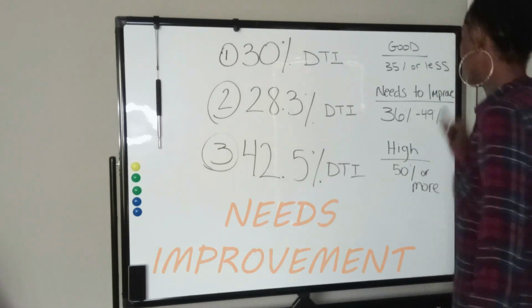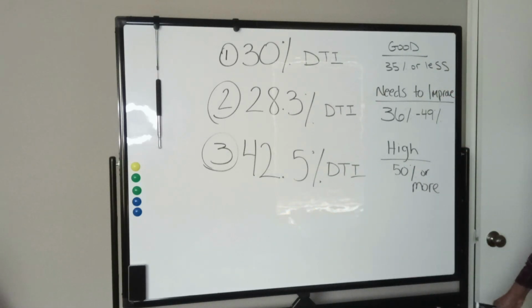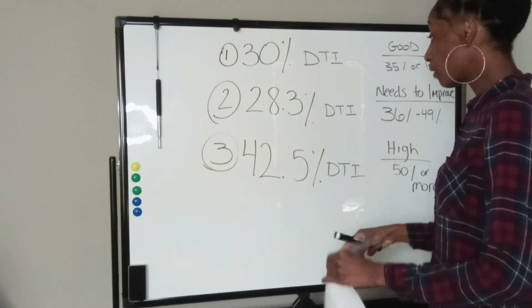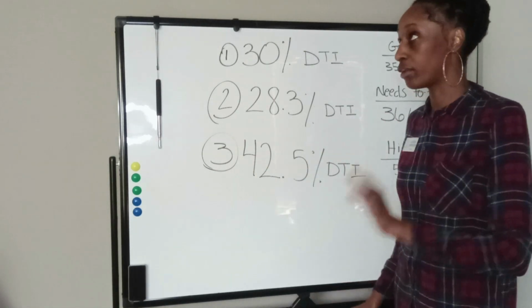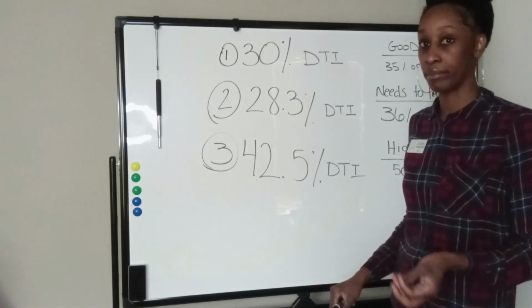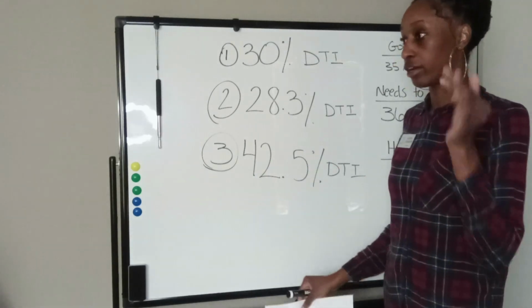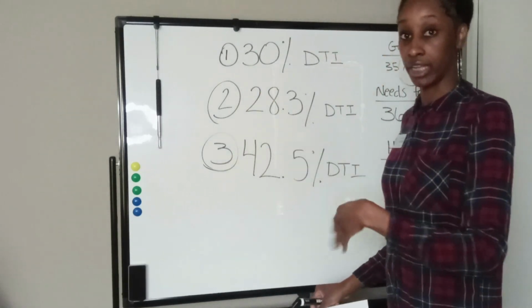42.5%. So it falls in the needs improvement category, which is okay, because in this case, what they can do is work on paying down their debt. For instance, the credit card bill. That particular person could work on getting their credit card debt paid off.